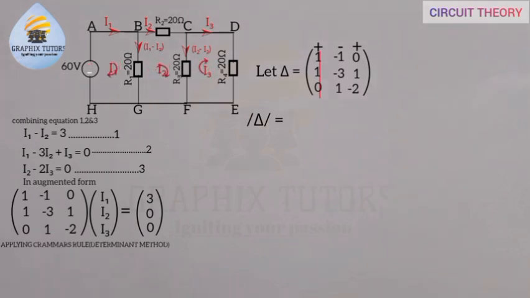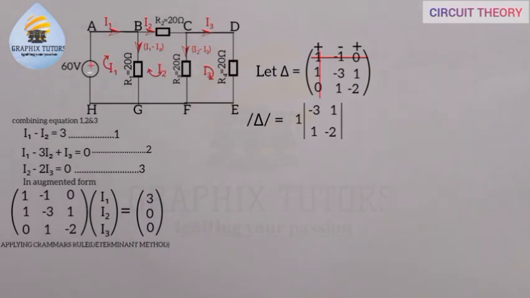When I take the first row and the first column, I'm left with minus 3, 1, 1, and minus 2. Where the row and column meet is 1, so 1 will be outside, while the remaining values will be inside, just like you can see here.